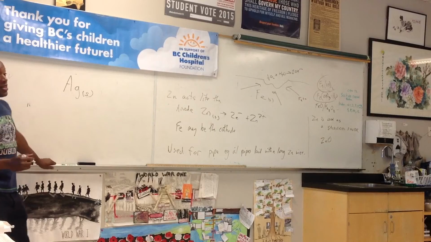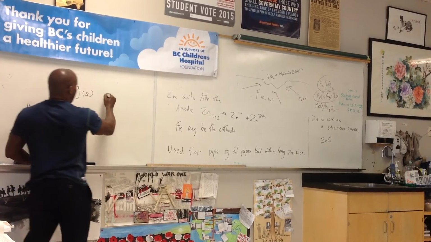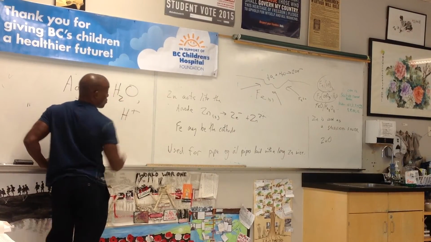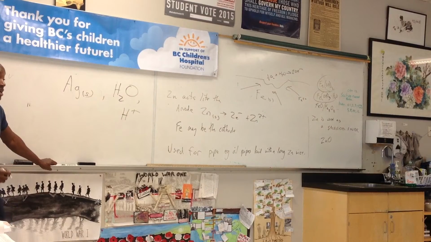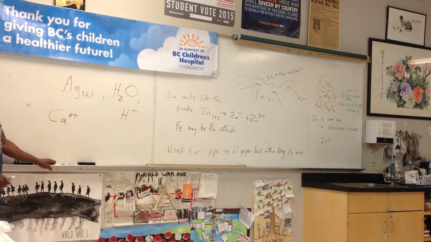And literally, that would mean putting a silver spoon into a moist, acidic environment. So what do we mean by moist and acidic? There's going to be water present, and there's going to be H plus present because it's acidic. Not only that, it's implied that there will be some calcium 2 plus, not much because the calcium is supposed to be in your teeth, but maybe you've been eating sweets a lot, and you've been breaking down the calcium in your teeth, right?